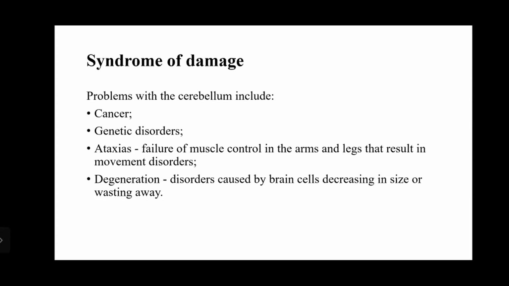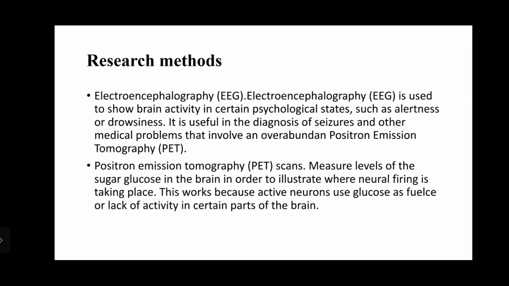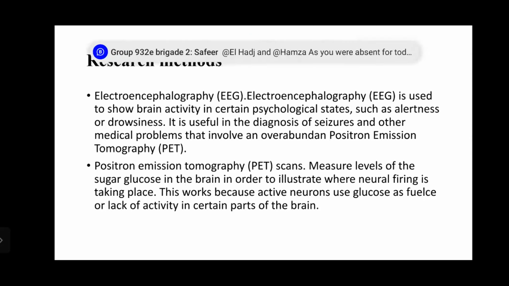Moving on. So here are some of the research methods that doctors use in order to find out if every function is working properly in the cerebellum. It can also be used for any part of the brain, but we're talking about the cerebellum.